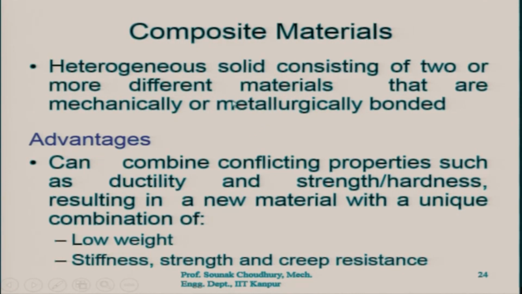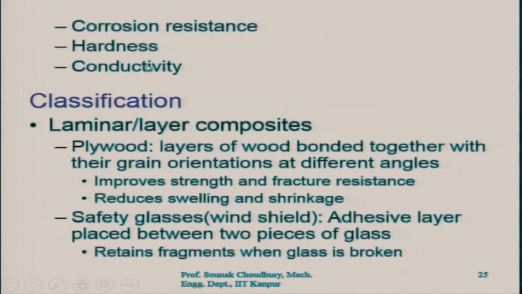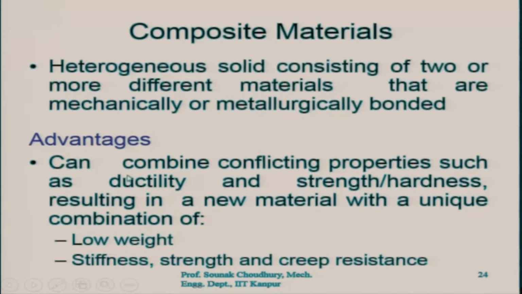Advantages of composite materials are that they can combine conflicting properties such as ductility, strength and hardness, resulting in a new material with a unique combination of low weight, stiffness, strength and creep resistance, corrosion resistance, hardness and conductivity. You can see that if you have a hard material, normally it is brittle.